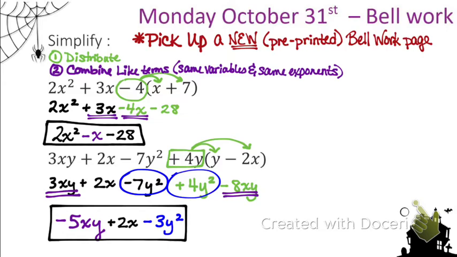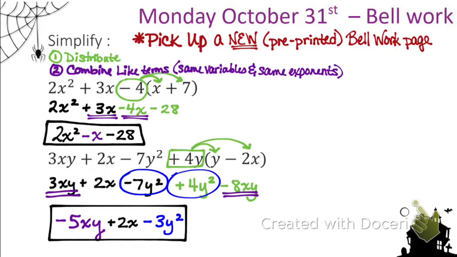Here's my question back: if I tell you to multiply 5 and 2 on your calculator, does it matter which one you put in first, 5 times 2 or 2 times 5? No. What operation is happening between the 5 and the x, between the x and the y? Multiplication. So does the order matter there? No.